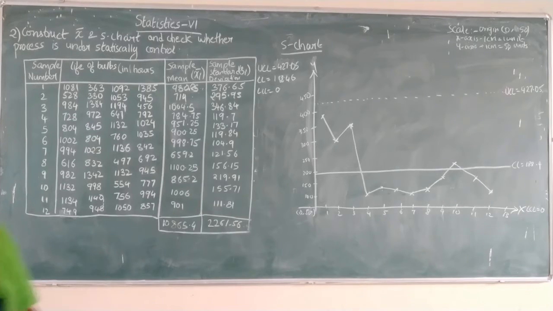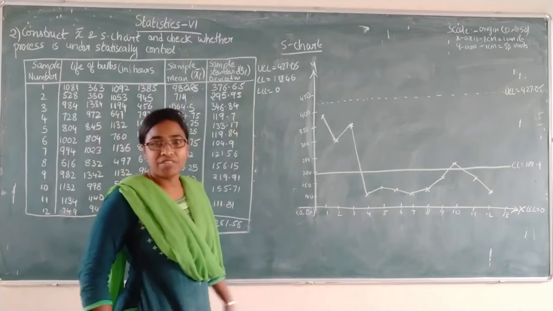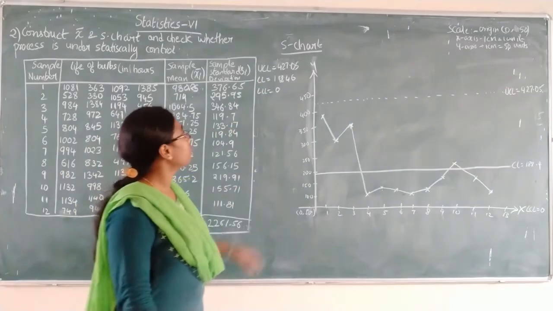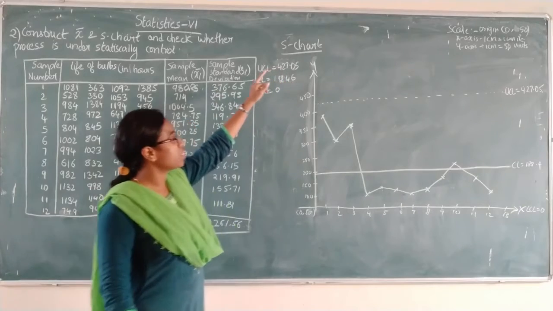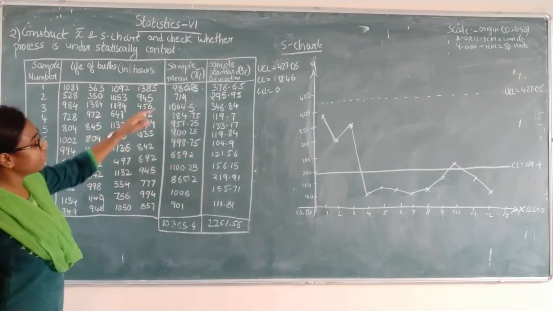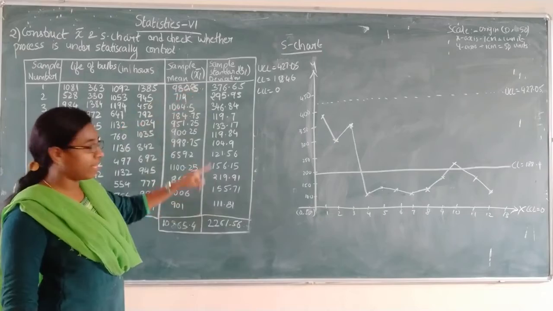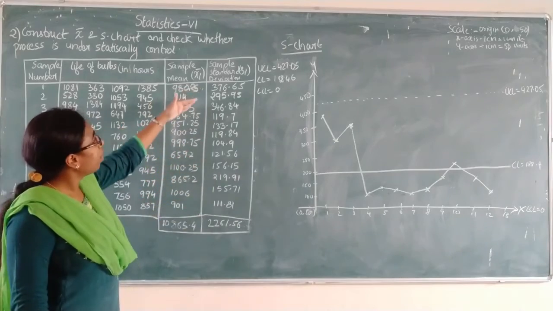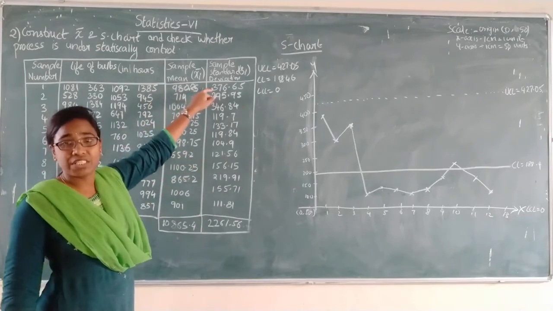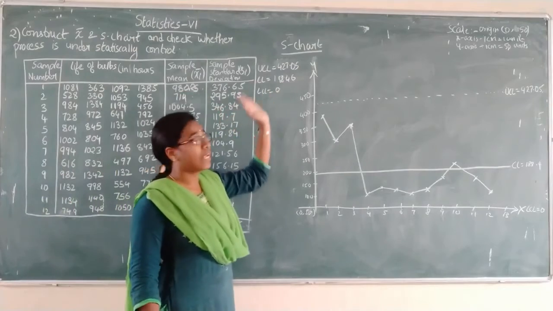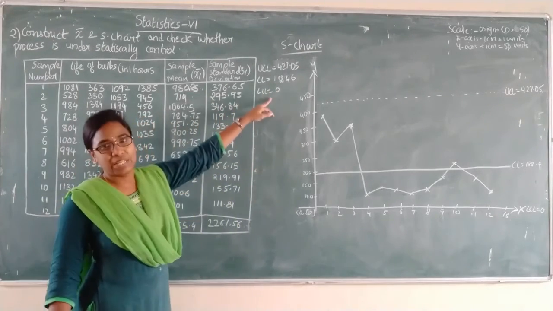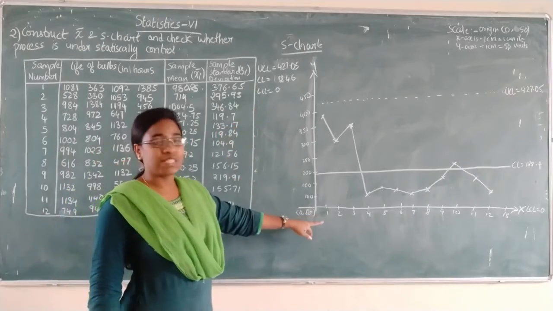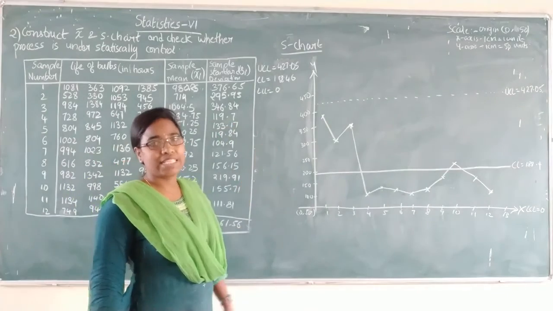Now coming to the S chart, this is the graph for the S chart. If you observe the values, UCL is the highest, that is 427, and here also you don't have any values above 400. All the values are up to 370, 380 only. So the last value I can write up to 450, and the least value is 0, and on the x-axis itself we will be drawing the LCL value.